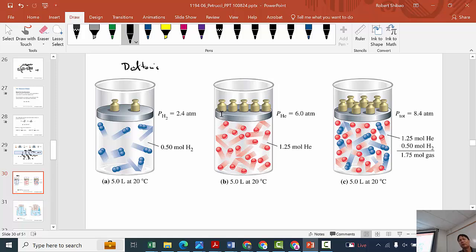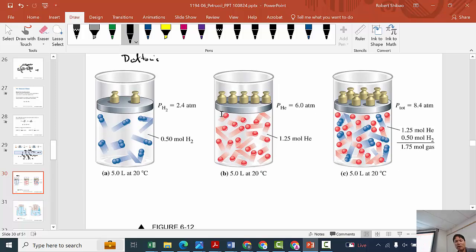And so what you should be able to do is switch back and forth from Dalton's to Avogadro's. Okay, so here, Dalton's, the pressure of the hydrogen, in other words, the pressure fraction is equal to the pressure of A over P total.